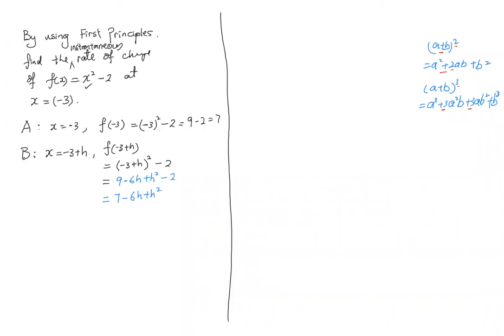Then we will find the slope, or gradient also can, of chord AB. You don't just write slope of chord, you have to say slope of chord AB. You use y2 minus y1 over x2 minus x1, and in all cases x2 minus x1 always results in h. Am I right?